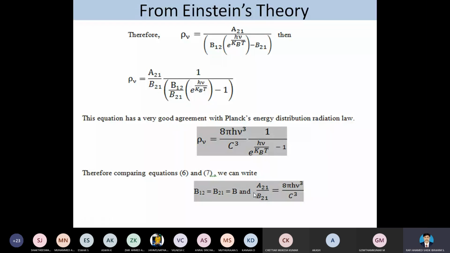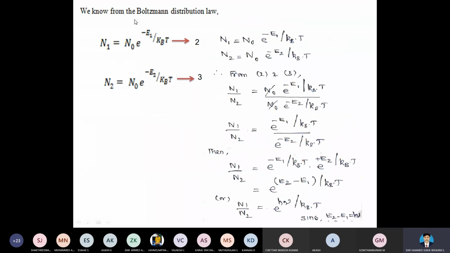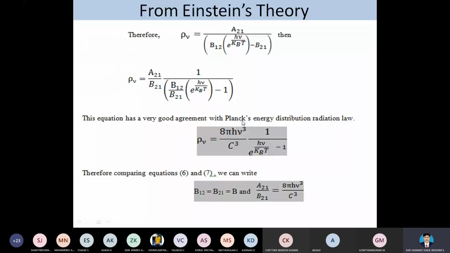So this is the Einstein coefficient, what you are seeing here. Having taken the Boltzmann distribution, now we are going to consider Planck's energy distribution, so that only then we can get the final result.